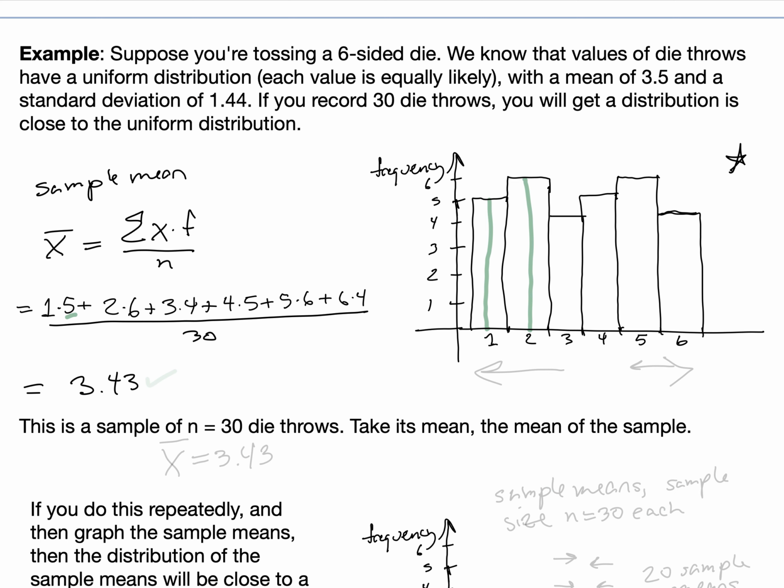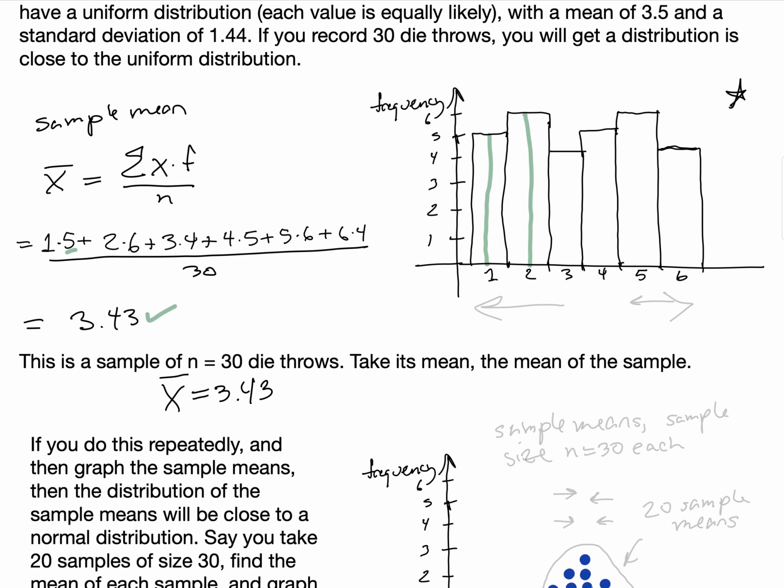And if we do that, then we'll get a sample mean of 3.43 for this set of 30 data values between 1 and 6. And so this is a sample of n equals 30 die throws. We take the mean of the sample as we did above. We see that the sample mean is 3.43 for this particular set of data.